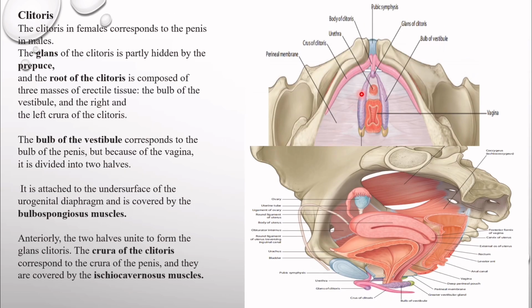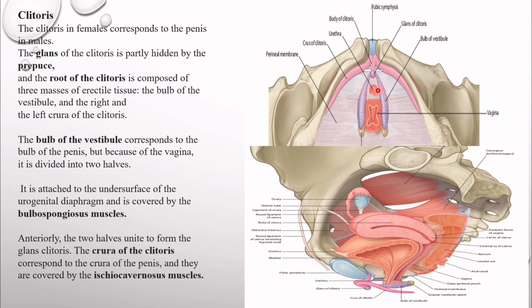So now let's talk about the clitoris. The clitoris is homologous to the penis, similar to the penis. The glans of the clitoris is partially hidden by the prepuce or foreskin. Then the root of the clitoris is composed of three bands of erectile tissue.